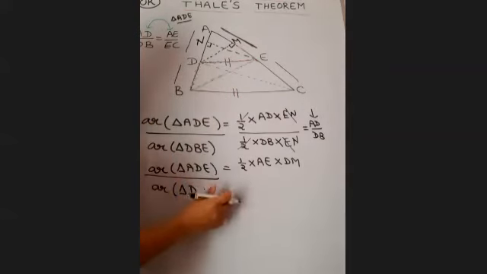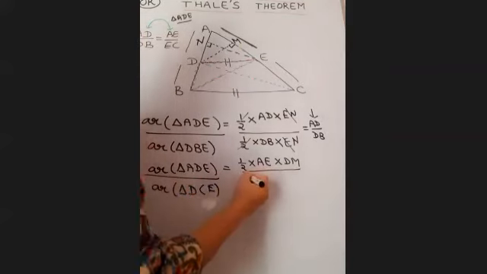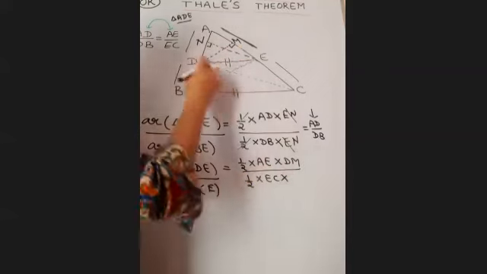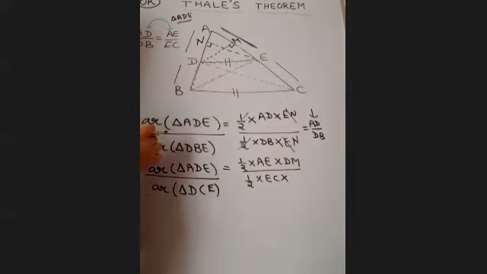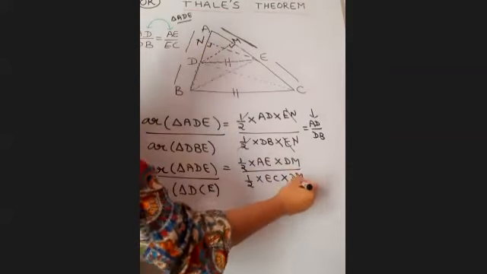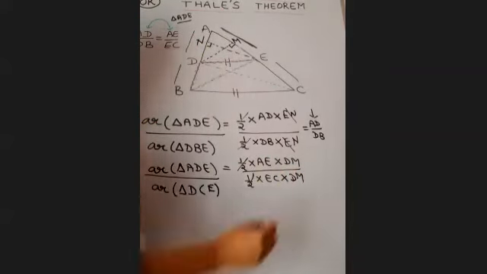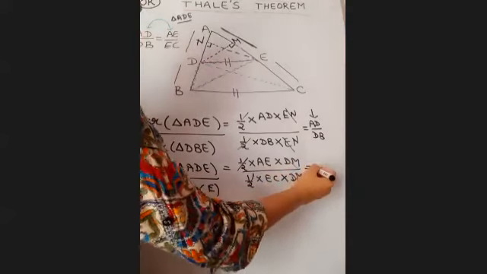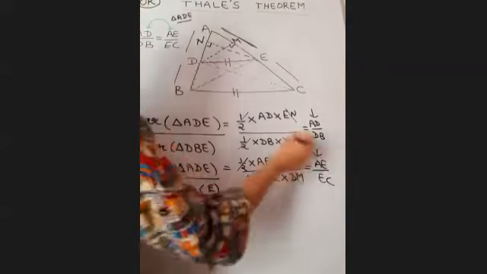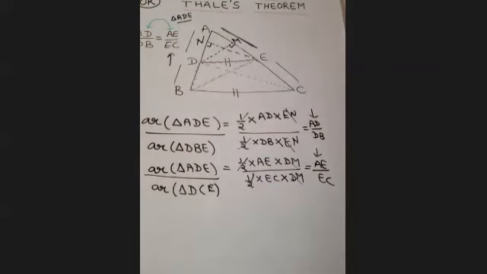Half into EC into DM. So half cancels, DM cancels. What are we left with? AE upon EC. So we have got this also.